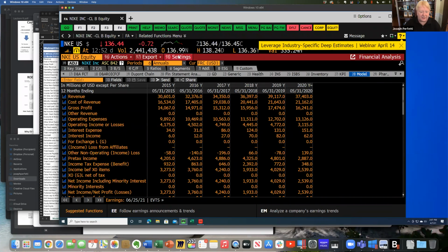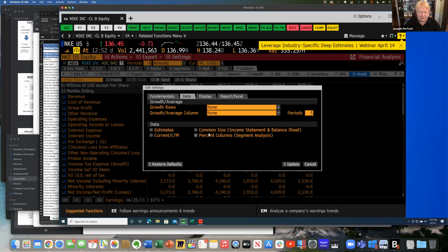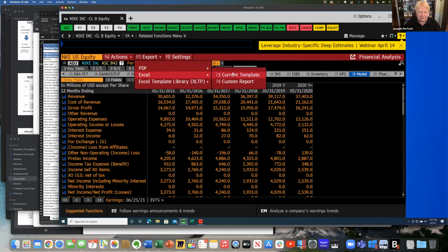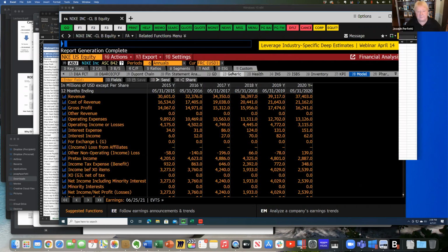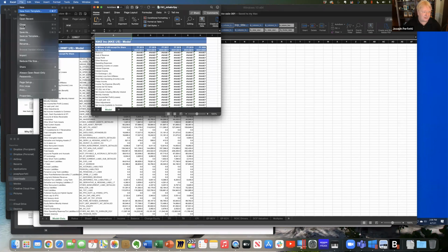Under settings, make sure that you have 6 periods and none of these are checked, and you're exporting this to Excel. You need to make sure that you export to the Excel add-in. I have 2 copies of Excel on my computer, and if you don't export it to the add-in, it will just error out like this.